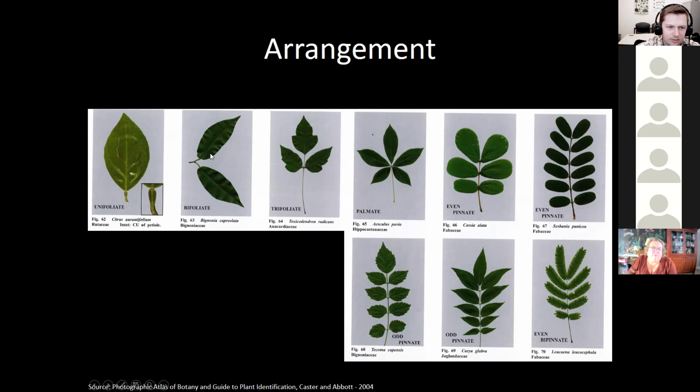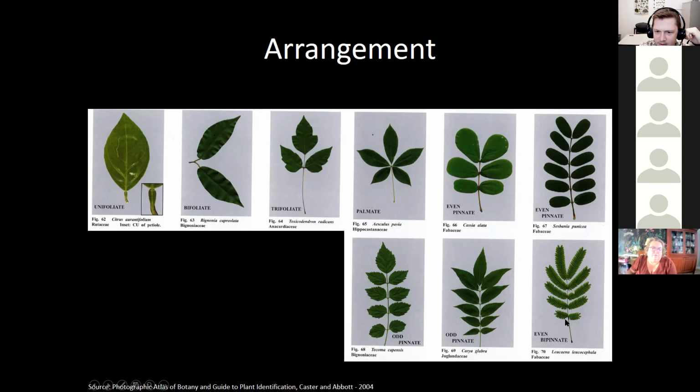It's like plants that have more than one leaflet attached, and this little thing here is called a rachis. So from there, you can have an even number and have it be even pinnate. As you can see, here's a couple different examples of even pinnate with different numbers of leaflets. And you can also have odd pinnate, where you have a leaflet at the very end, leading to an odd number of leaflets. And then you can get even more advanced potentially.